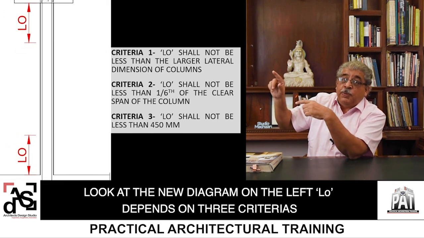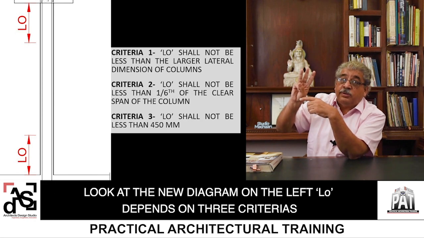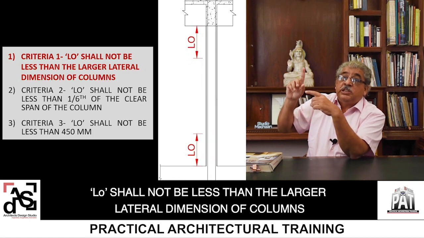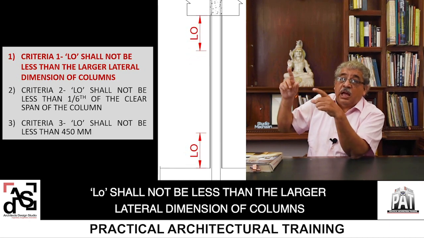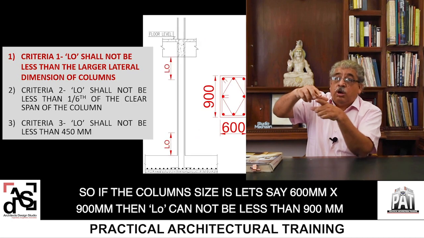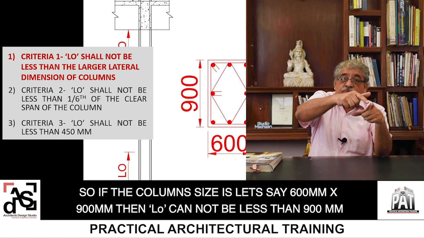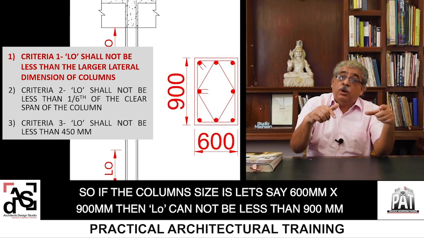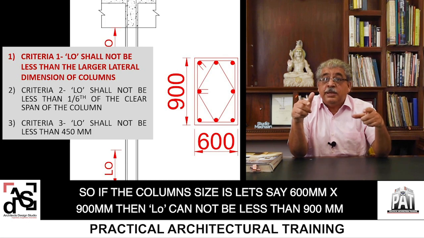LO depends on three criteria. The first one is LO shall not be less than the larger lateral dimension of the column. So if the column size is, let's say, 600 by 900 mm, then LO cannot be less than 900 mm.